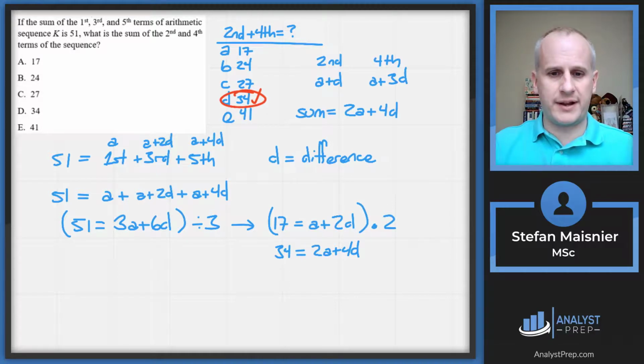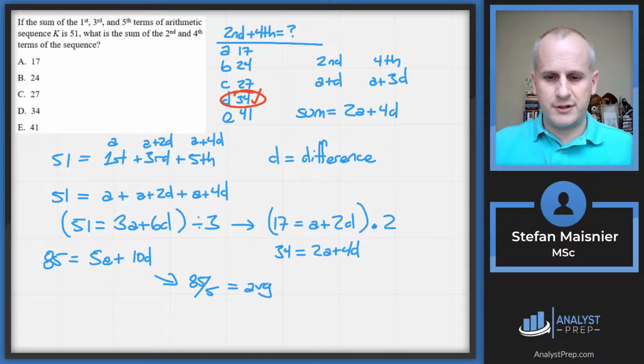So I know that I can add up all of these things. 34 plus 51, I've got 85, is going to be equal to, well, we know 3A plus 6D, we've got 5A plus 10D, and we know we've got 5 terms. So 85 divided by 5 tells me that my average, which is equal to my median, is going to be equal to that 17.